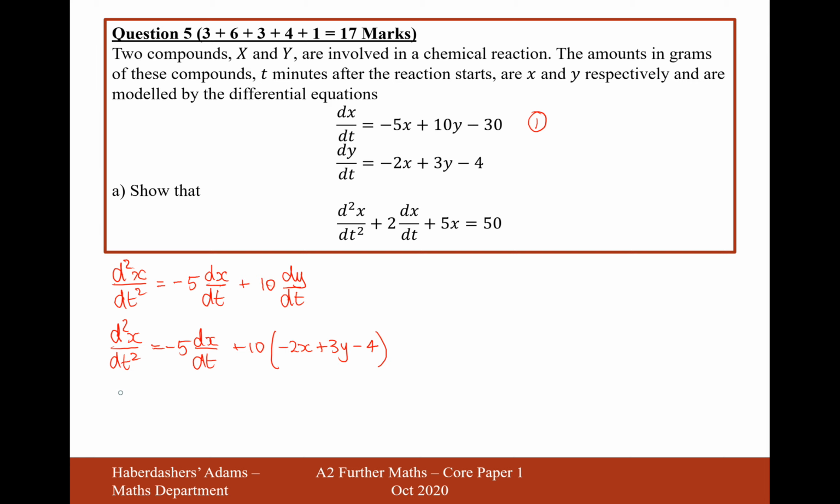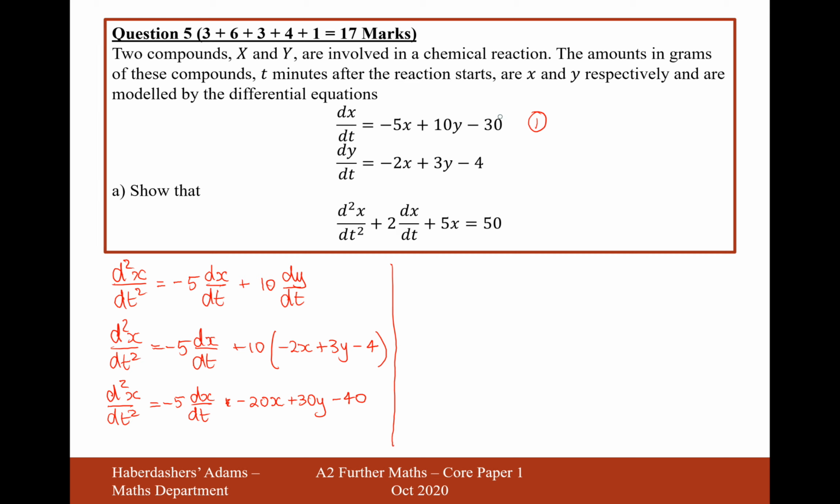Okay, so let's expand the brackets on this. So it's going to be the second differential equals minus 5 dx by dt, and then it's going to be minus 20x plus 30y minus 40.